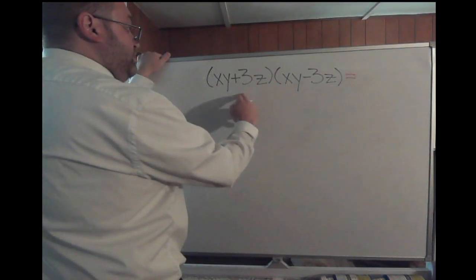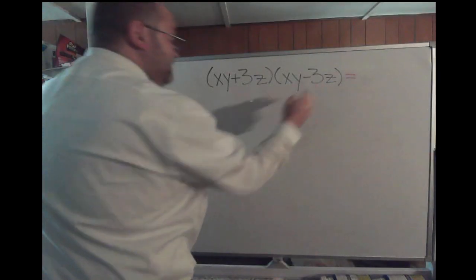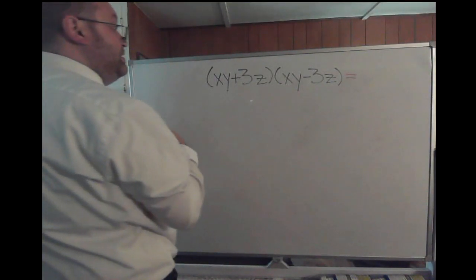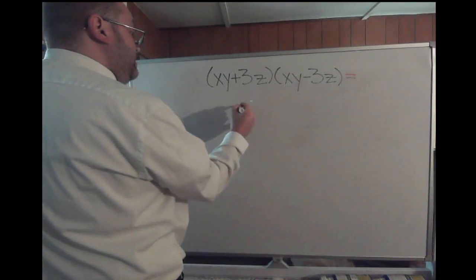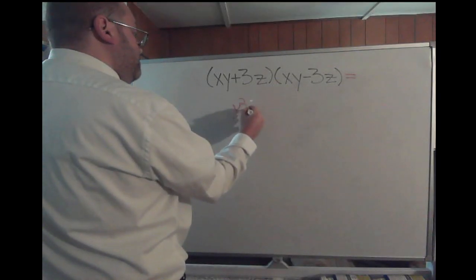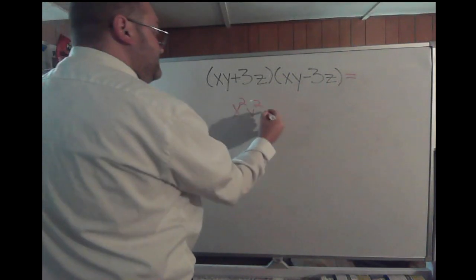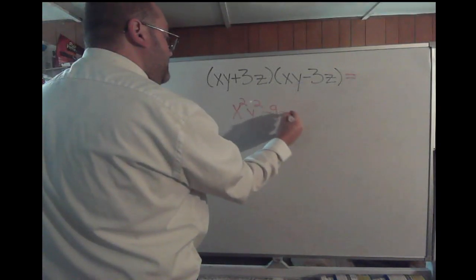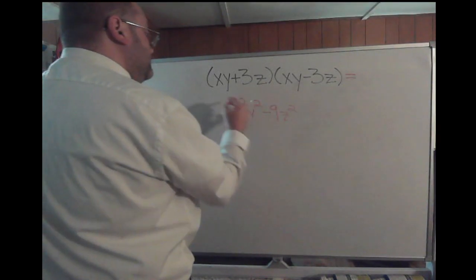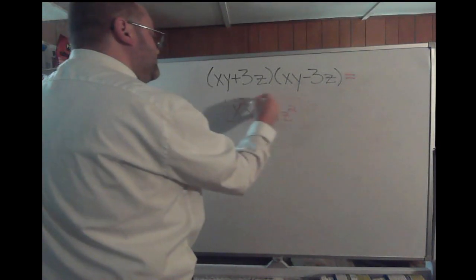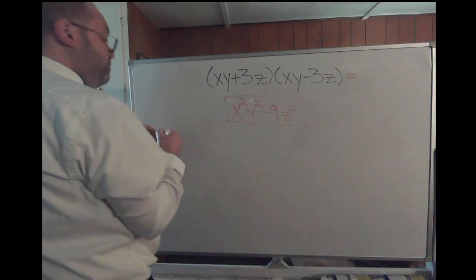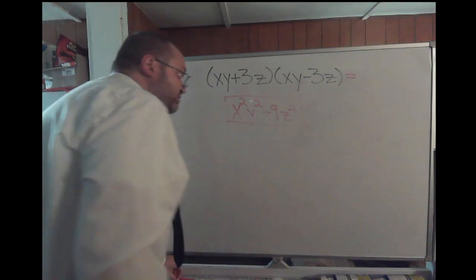Then we have plus 3z, minus 3z. We can use the shortcut. So xy times xy, that's x squared y squared. Then plus 3z times negative 3z, that'd be minus 9z squared. So the answer you should get for this would be x squared y squared minus 9z squared.